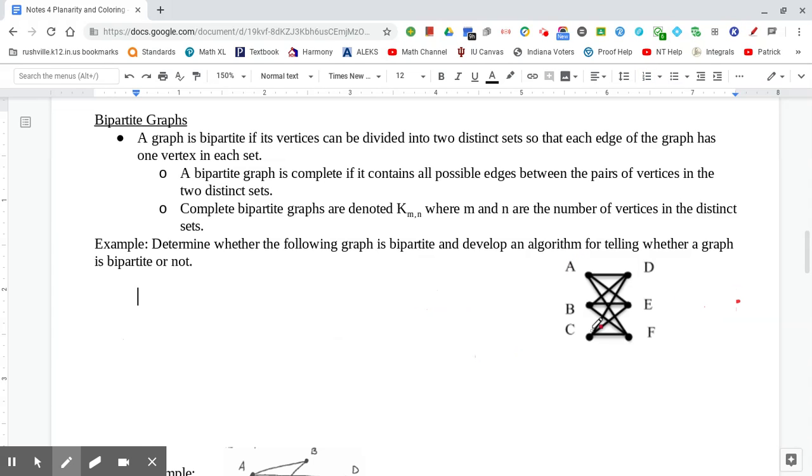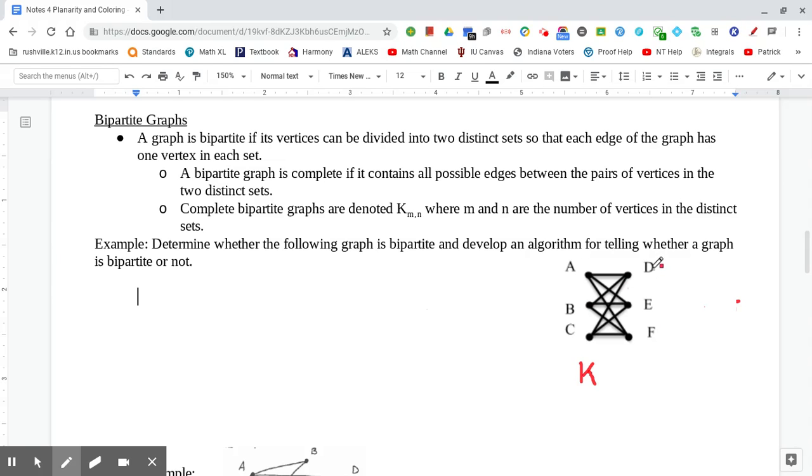Because this graph was bipartite, we could label it as a K. It's going to be a complete bipartite graph because when we were going through, vertex A was adjacent to all of the vertices in set 2.